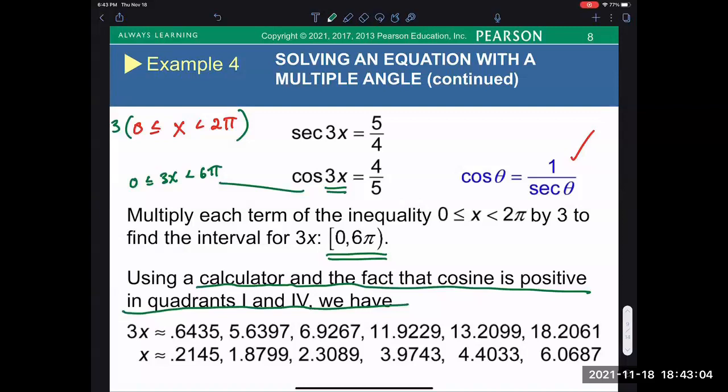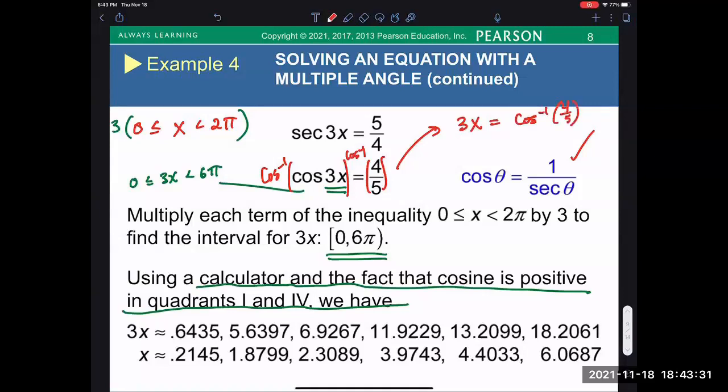Just to fill in a few of the details here. The first thing you would do, the first root solution, is you could take cosine inverse of both sides. This leads us to say that 3x is equal to cosine inverse of 4/5.